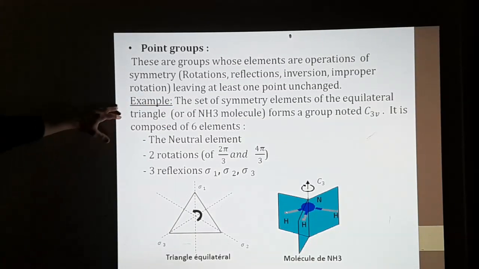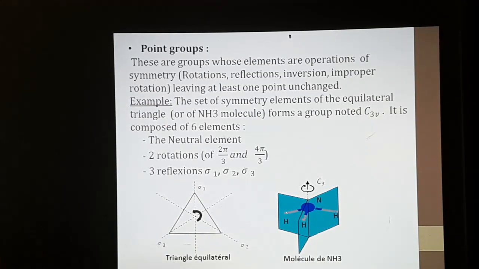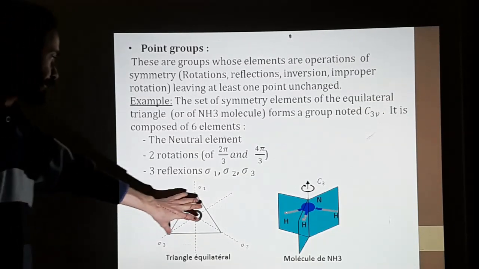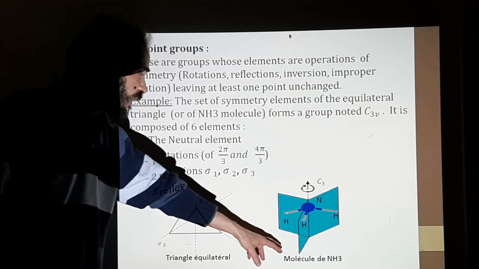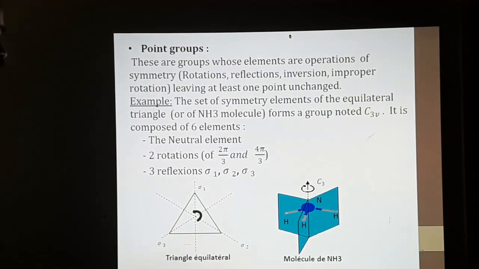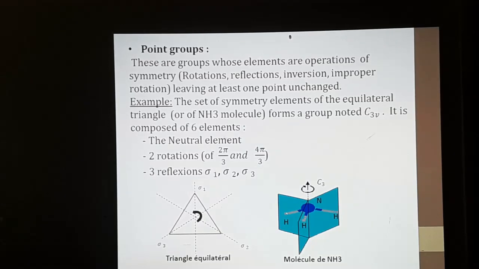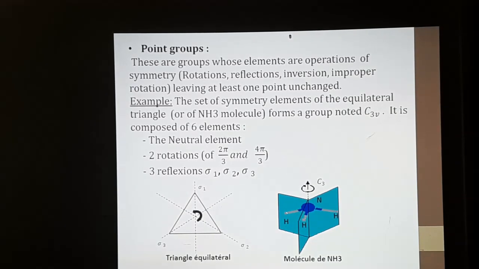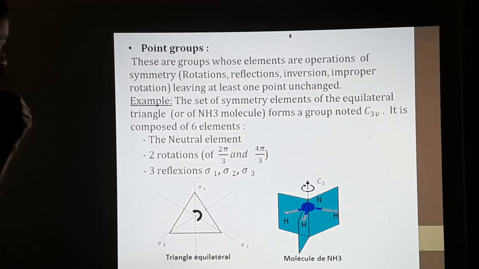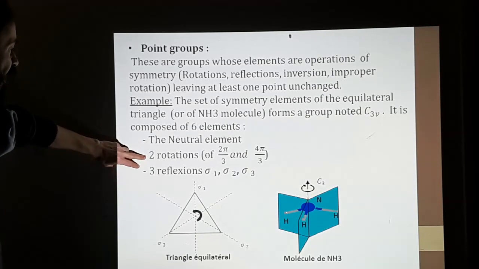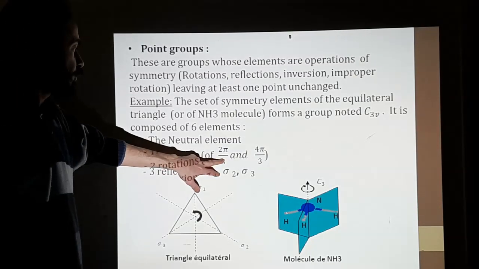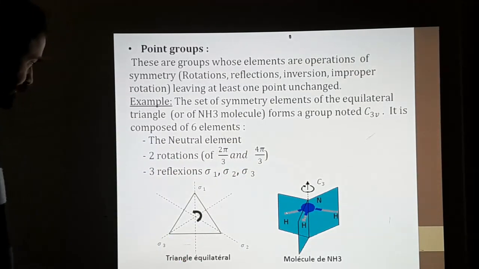I will give an example here of the group of symmetry of the equilateral triangle, which is the same group as the group of symmetry for the molecule NH3, for example. This group of course contains a neutral element and two rotations of 2 pi over 3 and 4 pi over 3.